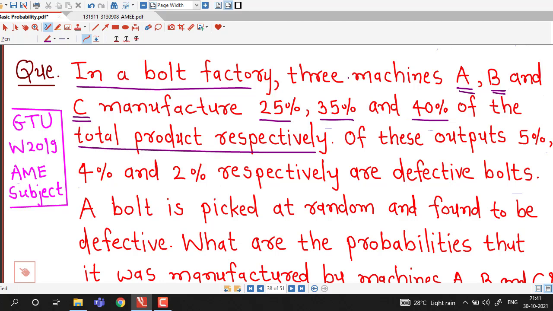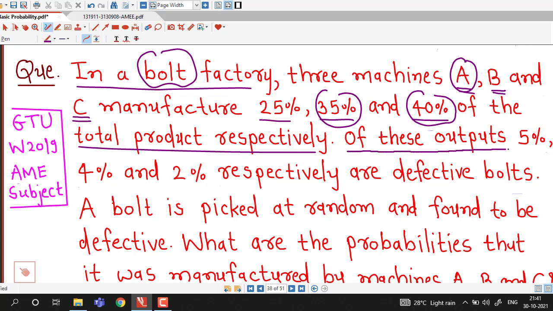So machine A produces 25% of the total product. Here the product is Bolt, so we can say that machine A produces 25% of the bolts. Similarly, machine B produces 35% bolts and machine C produces 40% bolts.